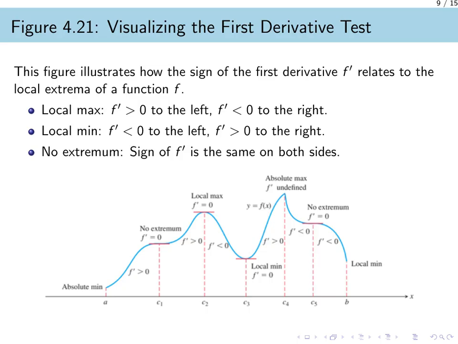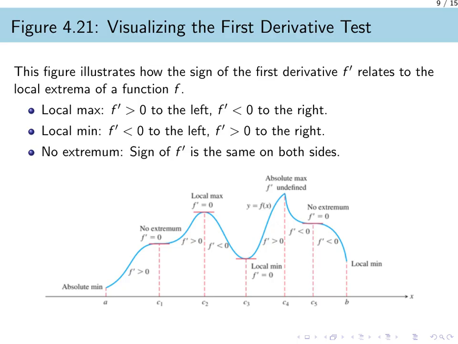Imagine we are at a critical point of a continuous function. If the derivative f prime changes from positive on the left to negative on the right, it means the function was increasing and then switched to decreasing, creating a local maximum, like the top of a hill. On the other hand, if f prime changes from negative to positive, the function was decreasing and then began increasing, forming a local minimum, like the bottom of a valley.